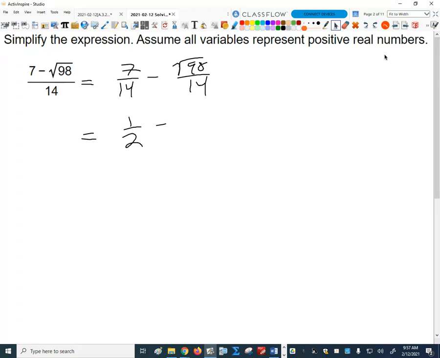The suggestion was made, why don't we break this up? We've got a common denominator, so we could just split this into two fractions. And then we get 7/14 minus the square root of 98 over 14. And 7/14 reduces, doesn't it? Okay, so now what remains to be done here?